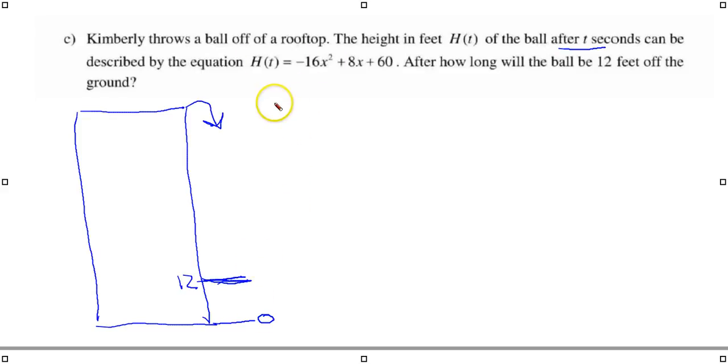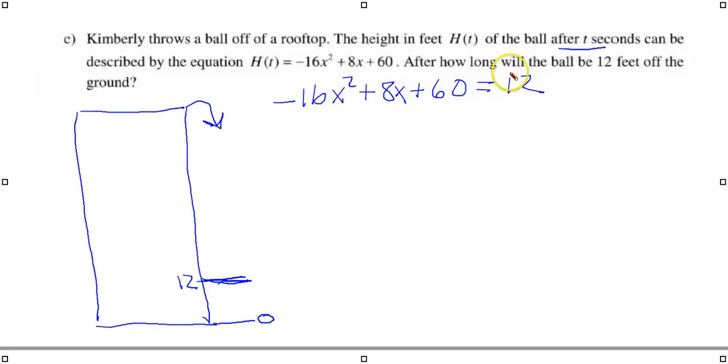So this is the formula: negative 16x squared plus 8x plus 60 will equal 12 feet. Now, if we wanted to see how much time to hit the ground, we would put a 0 there. We want to see where it's going to be 12 feet above the ground, and that's the formula.